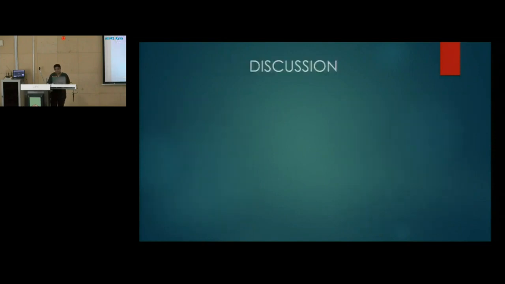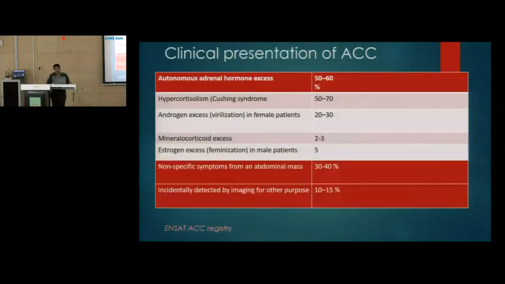So now moving on to the discussion of the case, we will be discussing this case of adrenocortical carcinoma, its workup, management and follow-up. The clinical presentation of adrenocortical carcinoma is mostly functional, 60% are functional, and 30 to 40% present with non-specific symptoms due to abdominal mass, and 10 to 15% are incidentally detected by imaging.